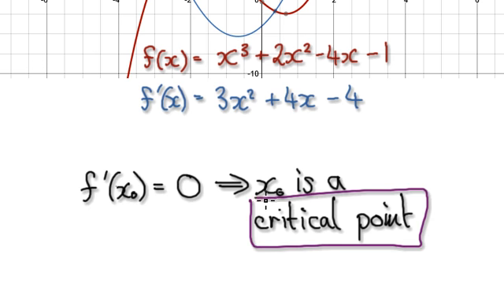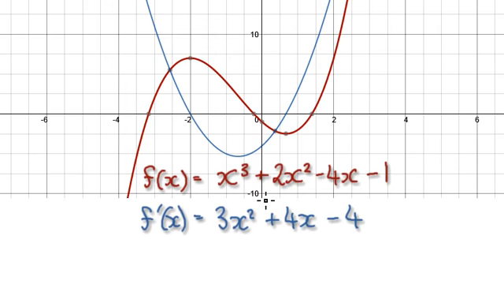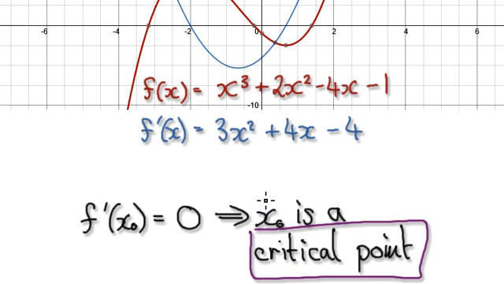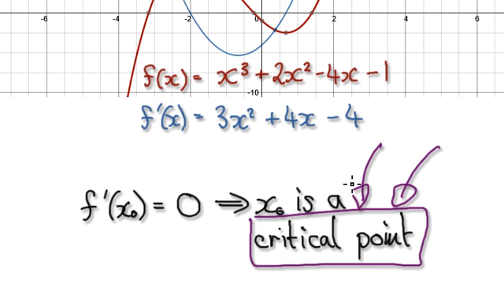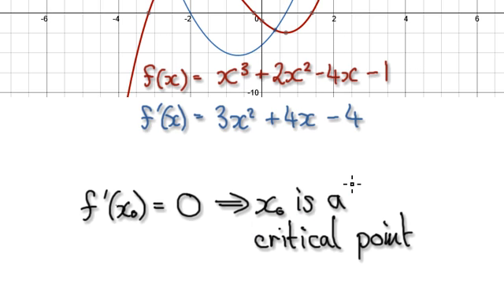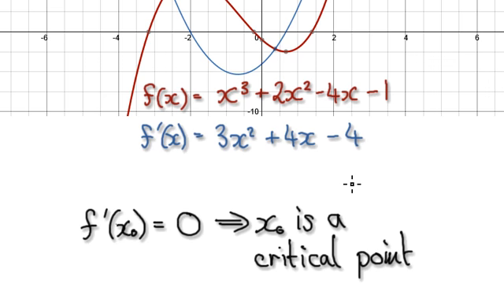Just think of a critical point as being a point of interest. It's a point where there's something going on that you need to investigate. We cannot say it's a turning point because it won't always be a turning point. Okay, so bear that in mind.